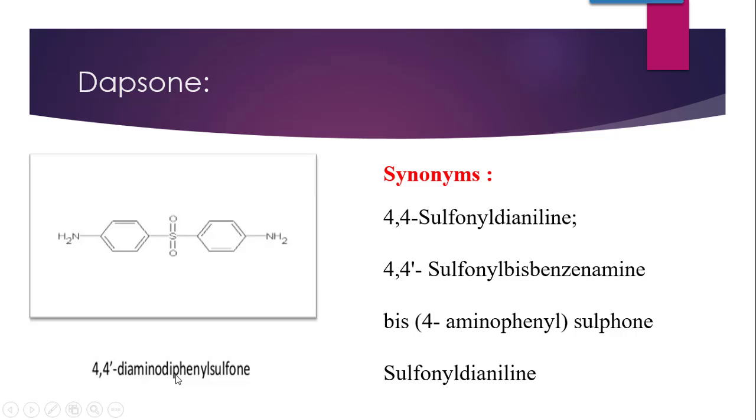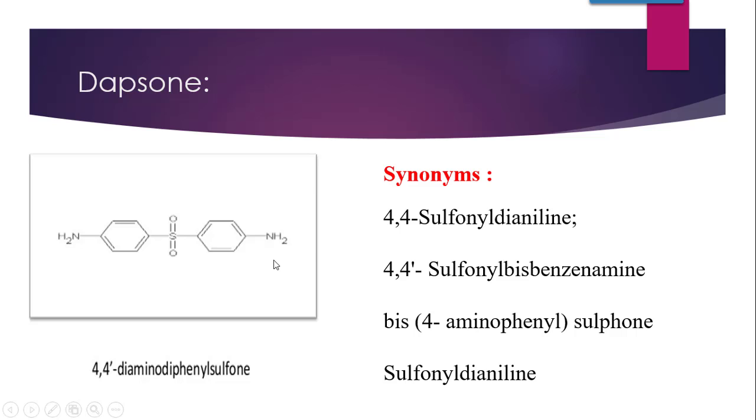The other names by which it is known: 4,4 dash sulfonyl dianiline. This is sulfonyl, and this phenyl ring with NH2 combined is known as aniline, benzene ring and NH2.